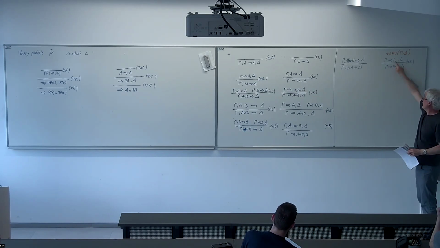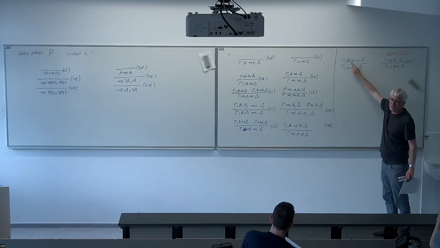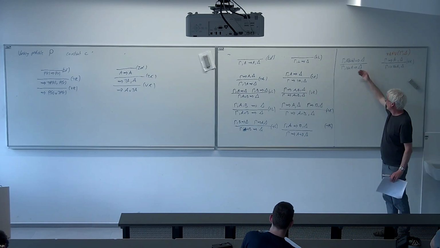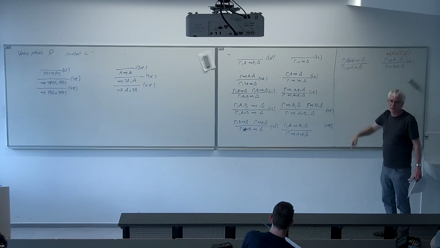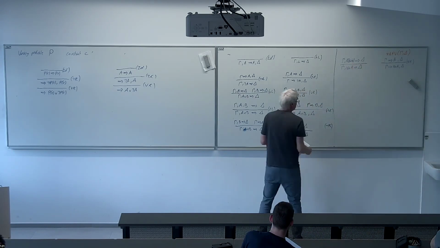So X is a variable, and it doesn't occur free in gamma and delta. Whereas in this rule, it's really essential that you're allowed to substitute any term in. Because in order to show that delta follows from the assumption that A holds for all X's, it's enough to show that delta follows from any single one of the instances.